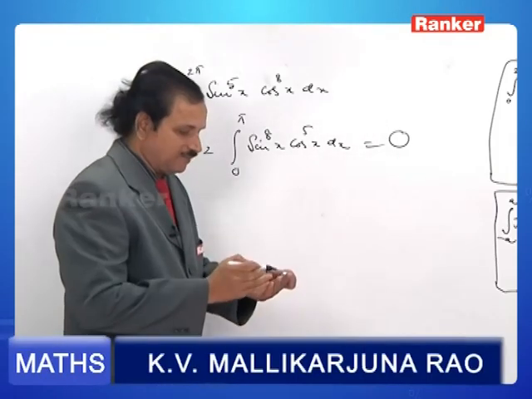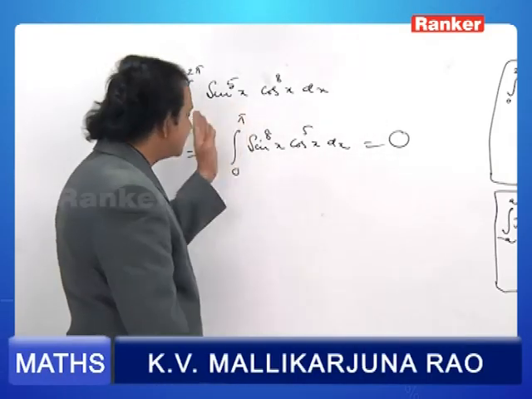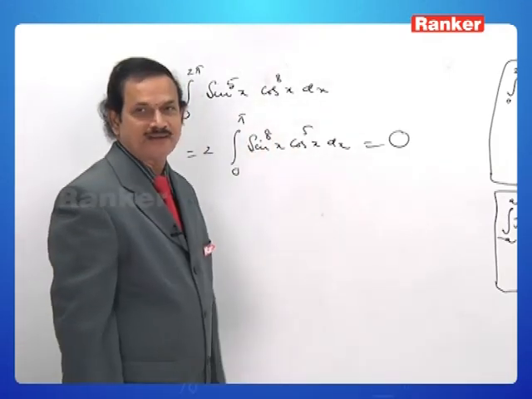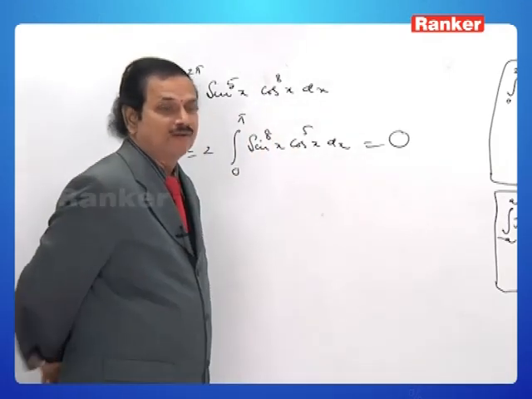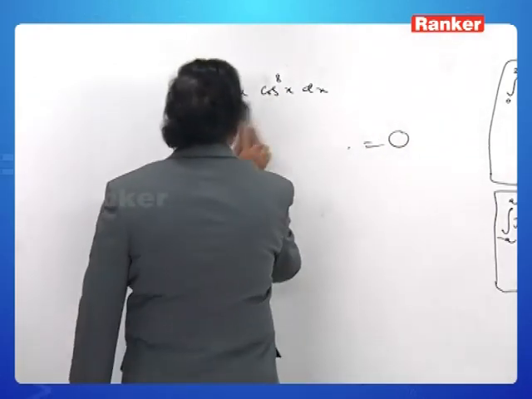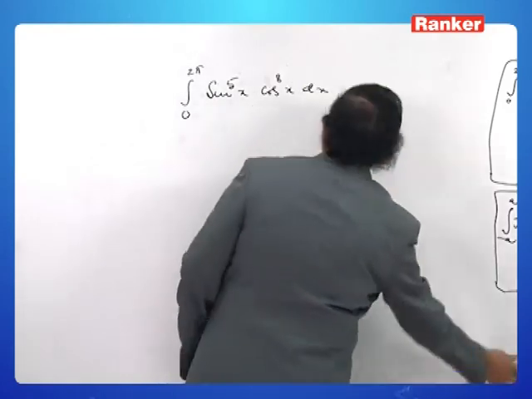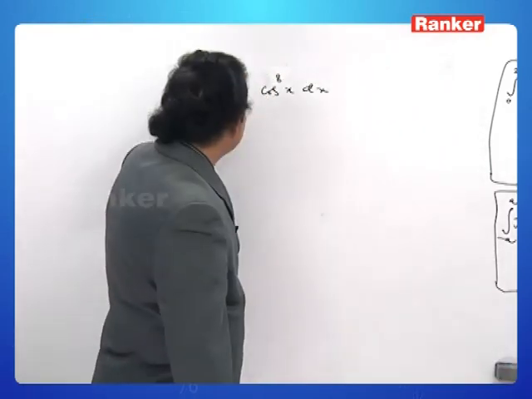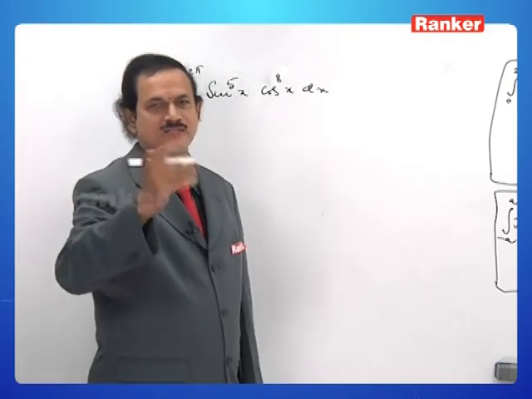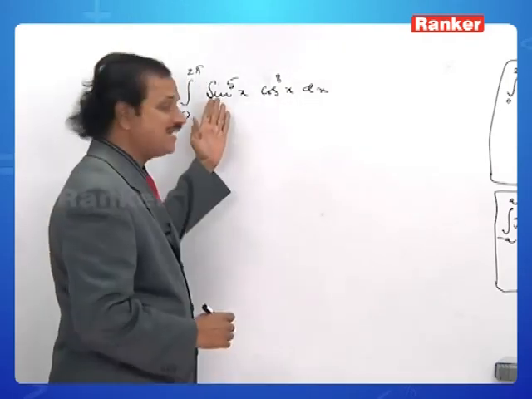Now you tell me, in this case I have just interchanged the exponents, sin power 5x into cos power 8x. What is the position now? Of course this step is not necessary. Come on, tell me. What is sine of 2 pi minus x? 2 pi minus x is in the fourth quadrant, so it is minus sine x.